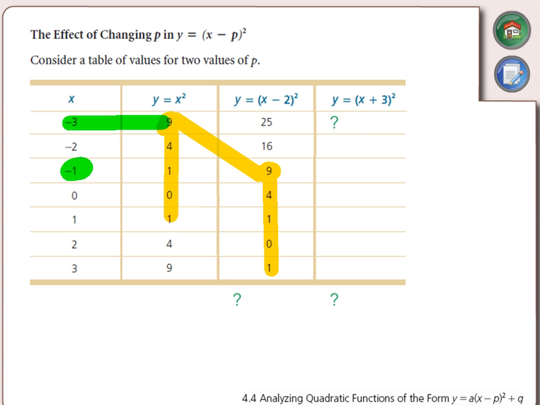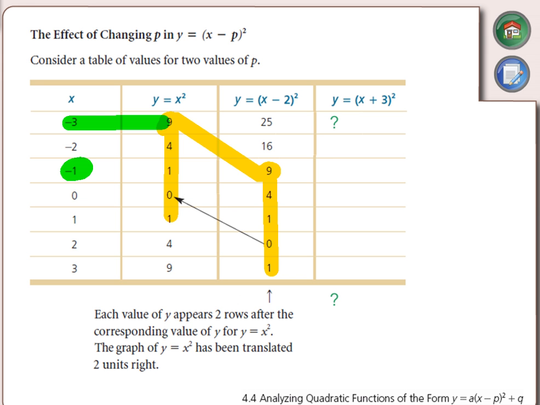What's happening there is that our x value has actually gone to the right 2 units. Or in other words, if we look especially at the 0, it started at (0, 0), and it's now (2, 0). That's 2 units to the right.